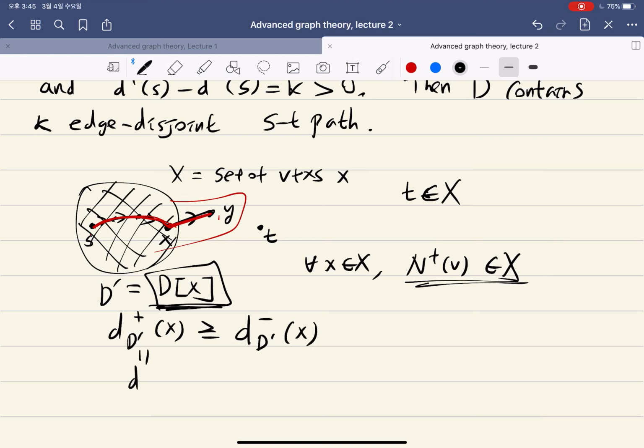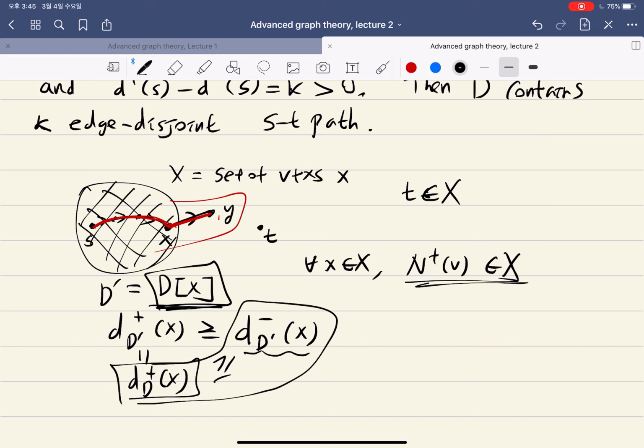Because the out degree is the same as the out degree of x in the entire graph, but the in degree here is at most the in degree in the original graph.